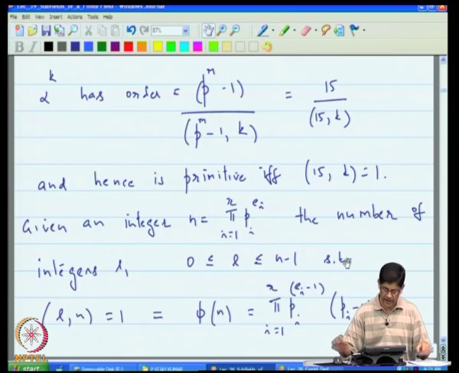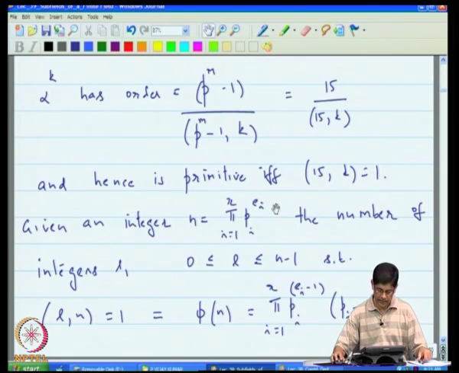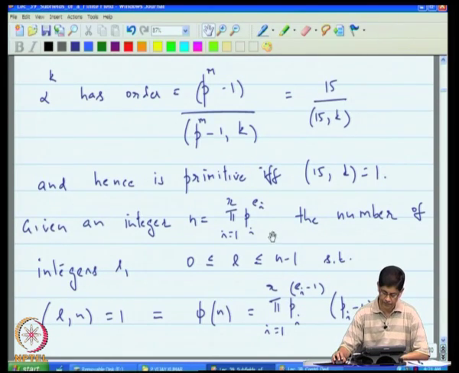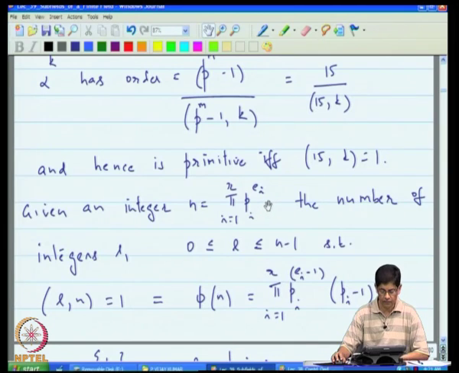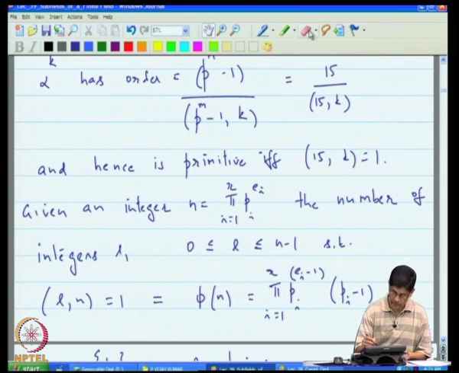Now, as an aside, it turns out that if you are given an integer which is the product of powers of distinct primes, the number of integers L, where L is strictly less than n, such that L and n are relatively prime, is given by, so let us write this out in words just so that it's a little less confusing.